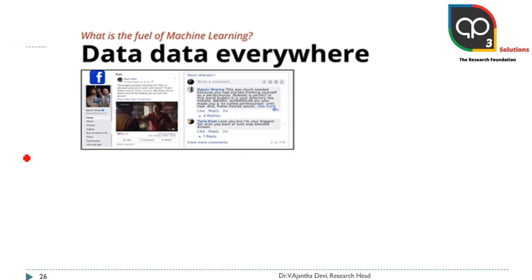Here I am specifying Facebook, and kindly observe this image. You would have types of data here: text data and image data. Of course, some media related data is also there.